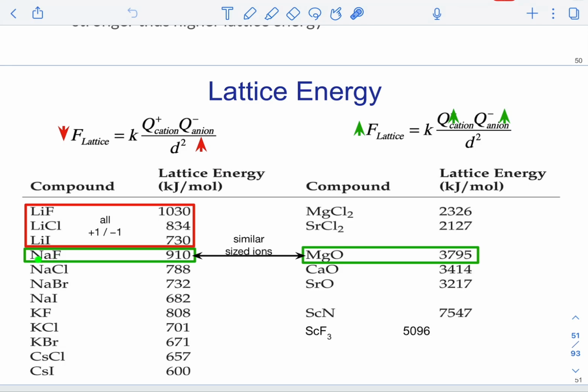Here we have plus 1 minus 1, and here we have plus 2 minus 2. You can see as the charge gets bigger with our plus 2 minus 2, the lattice energy gets stronger. So lattice energy, again, is a great way to compare the strength of our ionic forces.